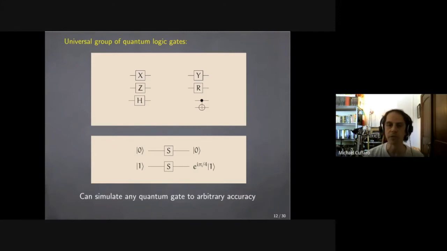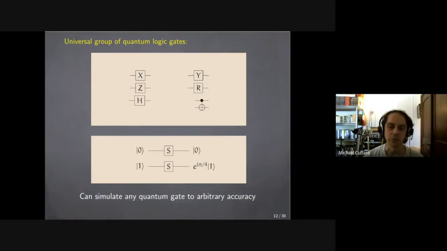The reason this is important is because in practice, it's extremely hard to build gates that take more than two qubits. Even the Toffoli gate would be extremely hard to implement in practice. So we're typically limited to one and two qubit gates.